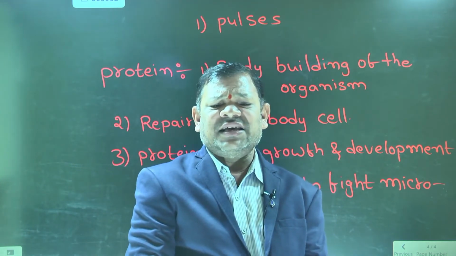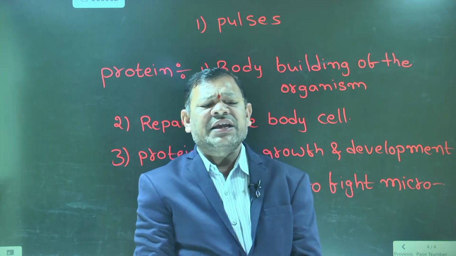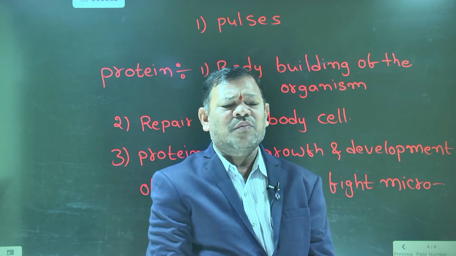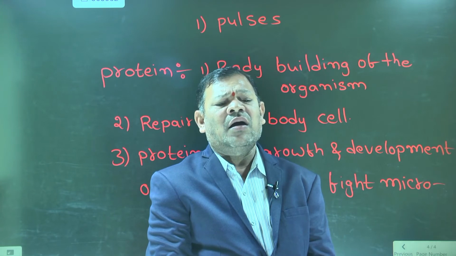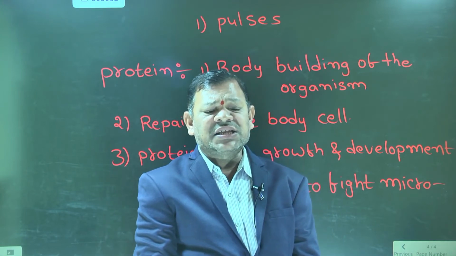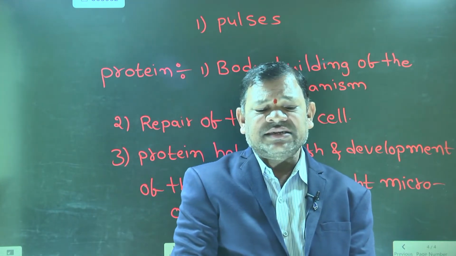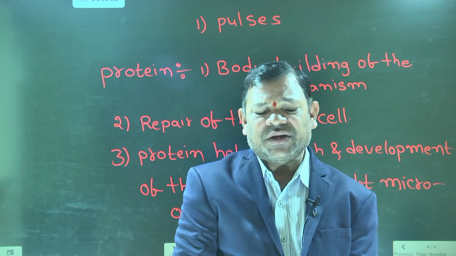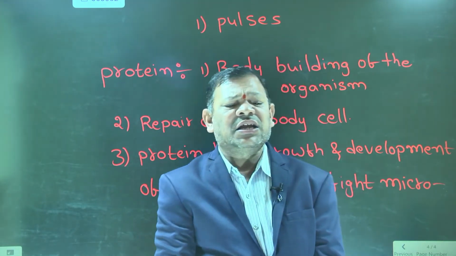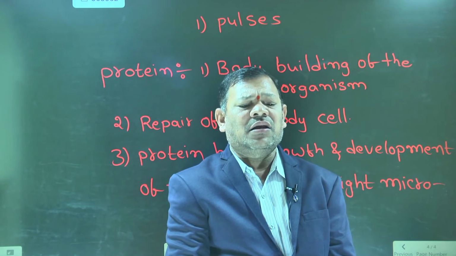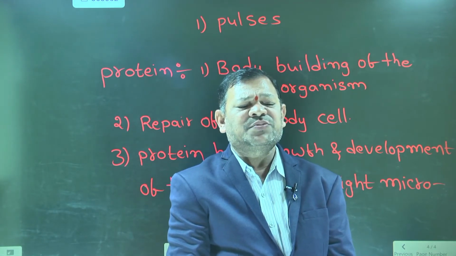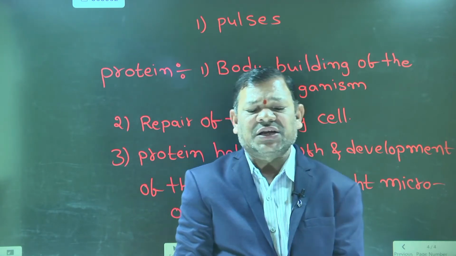What are the pulses? Green gram, red gram, black gram, Bengal gram. Generally in these pulses, proteins are present, especially in our day-to-day life. Dal, in that dal especially proteins are present.